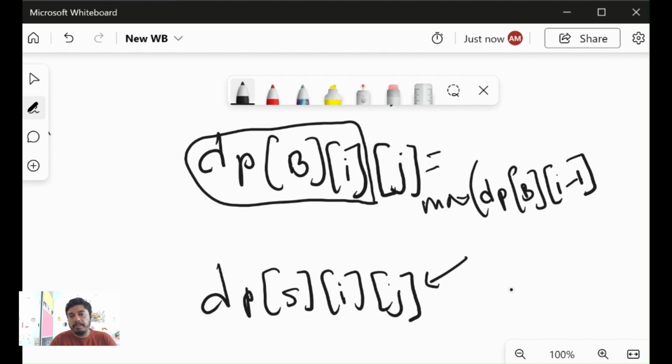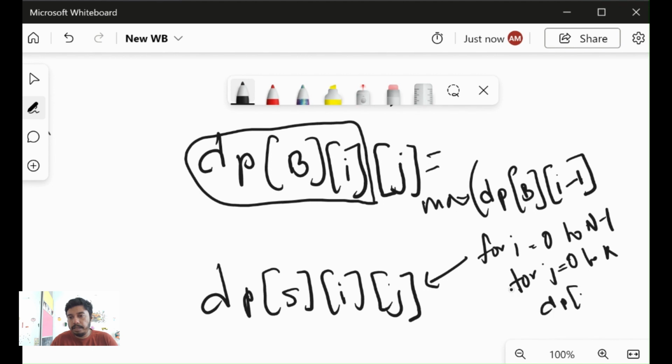Because I am looping over i from 0 to n minus 1, and I have another for loop inside, j, looping from 0 to k. Using these two for loops, I'm computing these relations inside this for i and then for j. So dp b i j should be computed here.